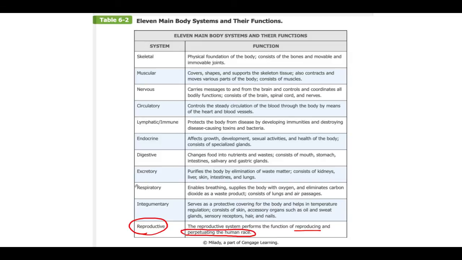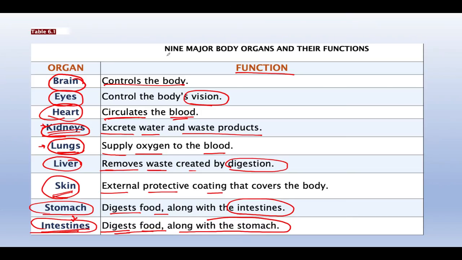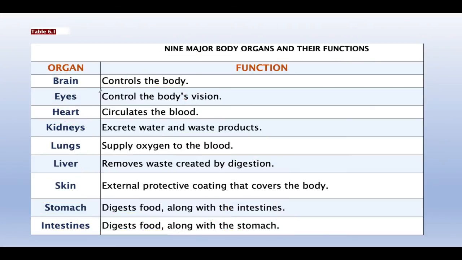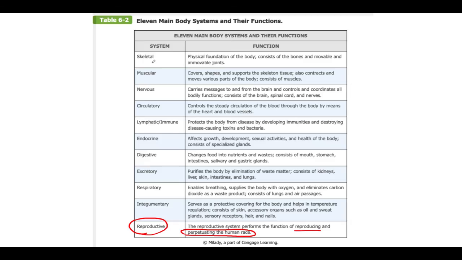And that brings us to the conclusion of what we talked about. Let's go back to our 9 major body organs and their functions. We talked about that, and then we also talked about the 11 main body systems.